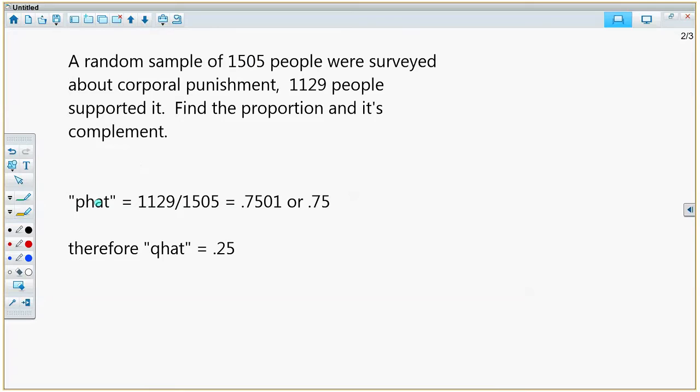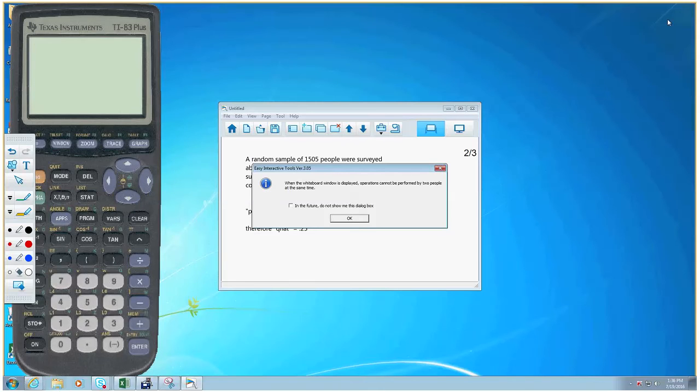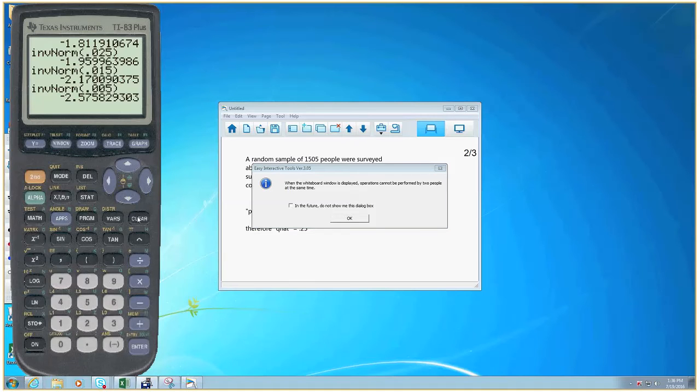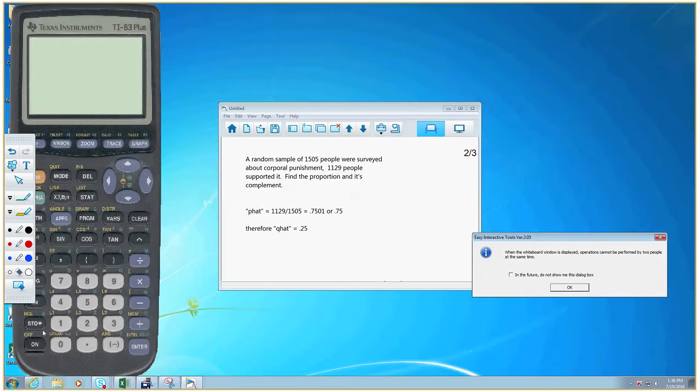Well, we've got P and Q. So you take your handy dandy calculator. And what was n? 1505. How did I know that? Because n is always the biggest what? Golly, where have y'all heard that? Times 0.25.